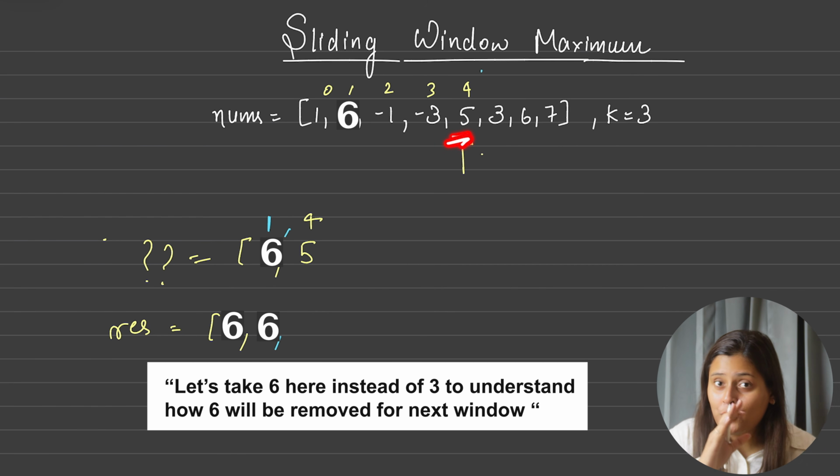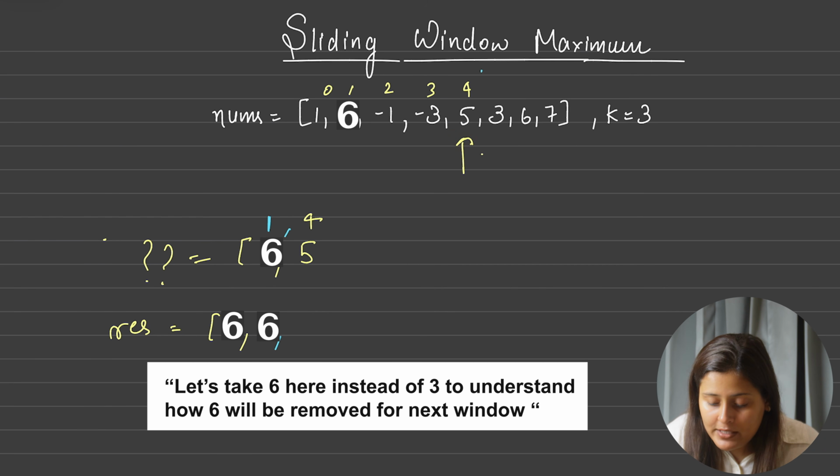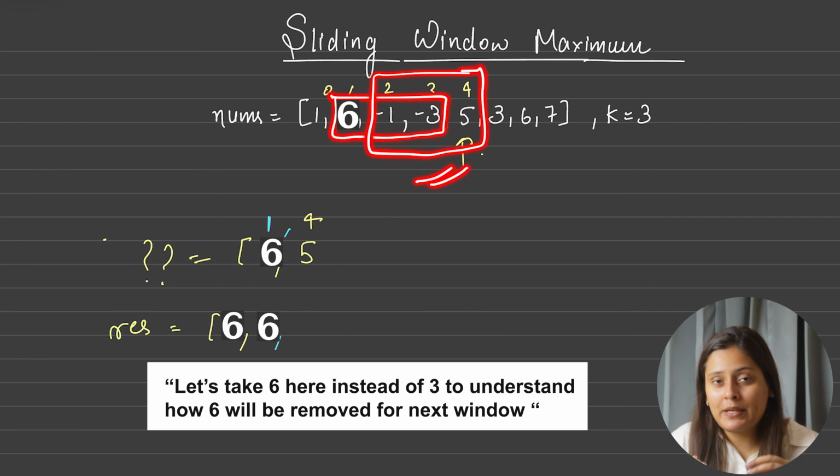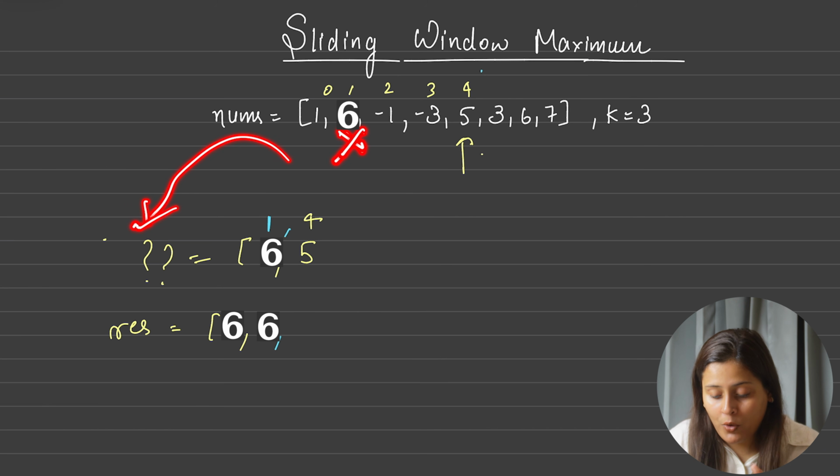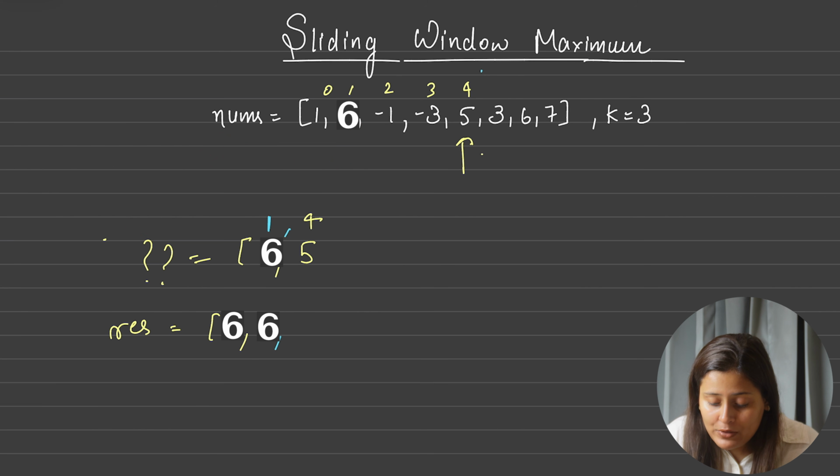But don't you think we have to move the window? Yes, from this to this now. Okay, how can we move it? Moving the window means removing the last element from the data structure which we are using to store our maximum answer. If you see, the current index is 4 and the value sitting at first is 1.